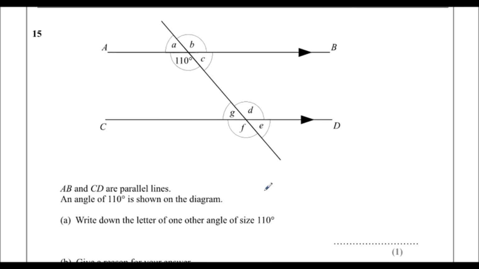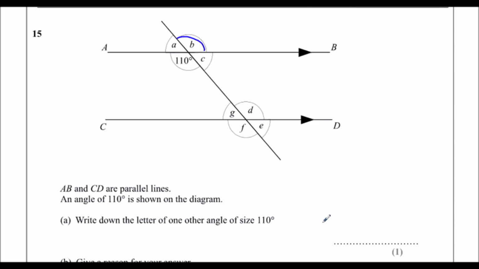Question 15. A, B, and C, D are parallel lines. An angle of 110 degrees is shown on the diagram. Write down the letter of one other angle of size 110 degrees. So we've got options here, we could have B as a vertically opposite angle.